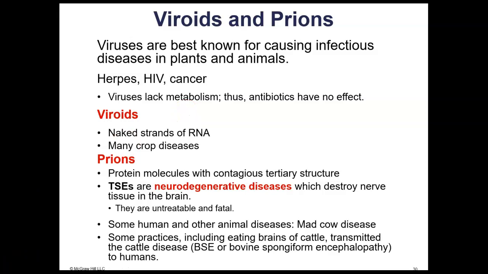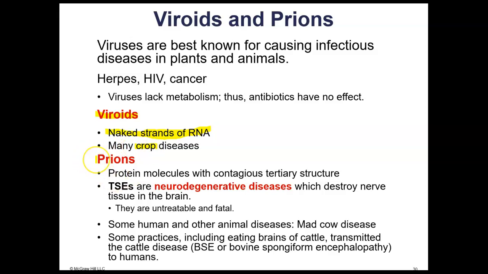But there are also particles called viroids and prions. Viroids are naked strands of RNA, and they typically affect crops. They cause crop diseases. So viroids, you need to make sure you know that they are just made of RNA. That's all they are, and they're associated with crop diseases.